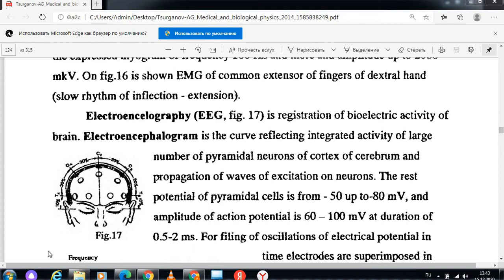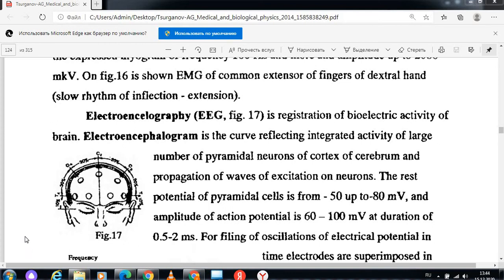The rest potential of pyramidal cells is from -50 up to -80 millivolt, 10 to the power of -3 volt. And the amplitude of the action potential is 60 to 100 millivolt, with duration in time of 0.5 to 2 milliseconds, 10 to the power of -3. Yes, don't forget about that.